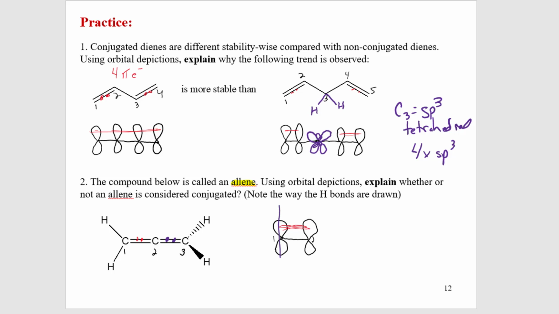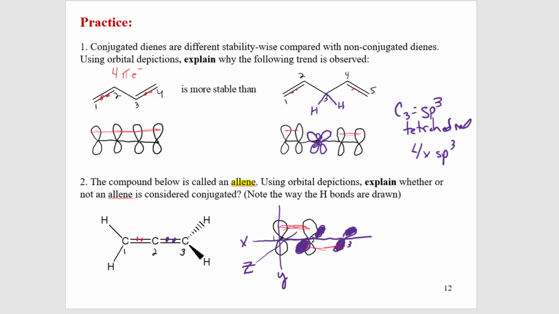So if I'm using the y p orbital and the x is the sigma bonds, which I haven't drawn, then the p orbital I have to use for carbon 2 must be in the z direction. I'm going to color it in so you can see the difference. So carbon 3 also has to have a p orbital in the z direction to overlap with carbon 2. And now those electrons can be shared.